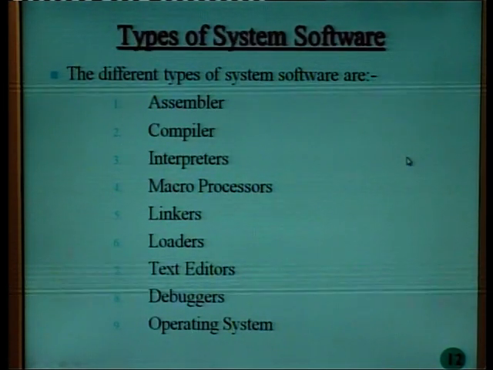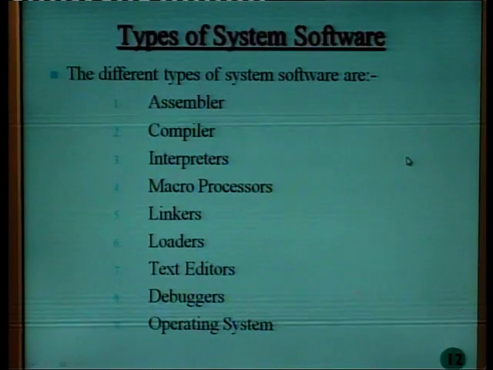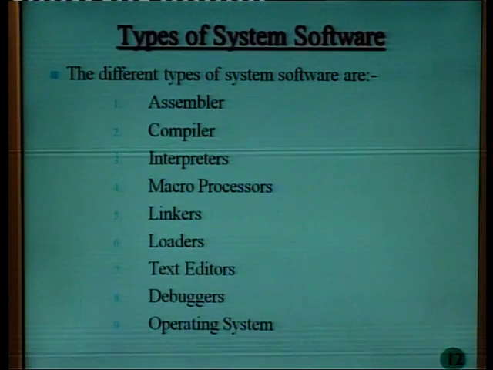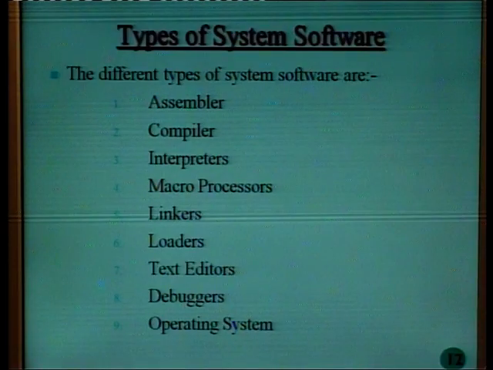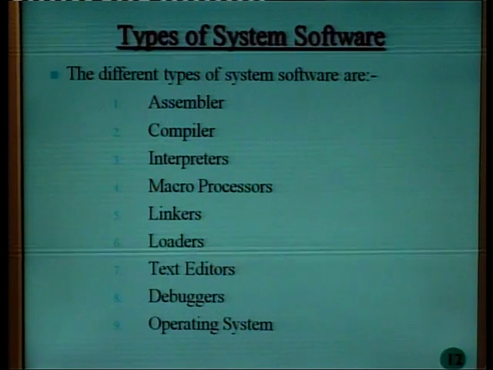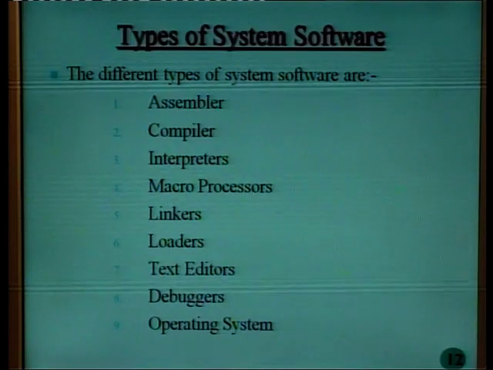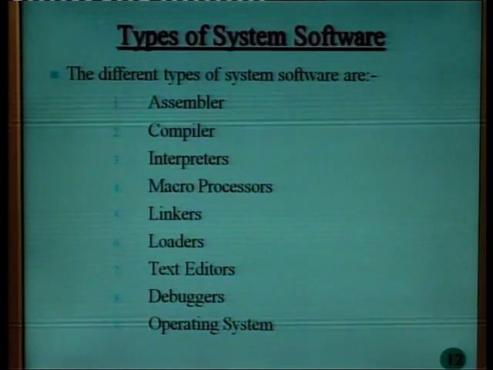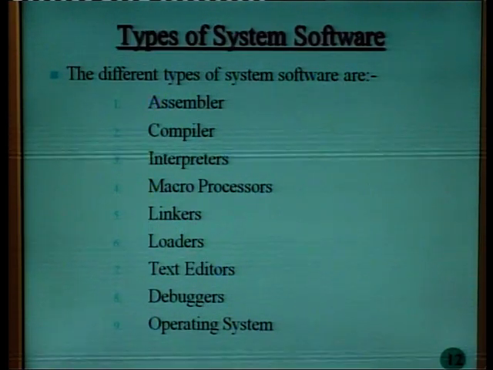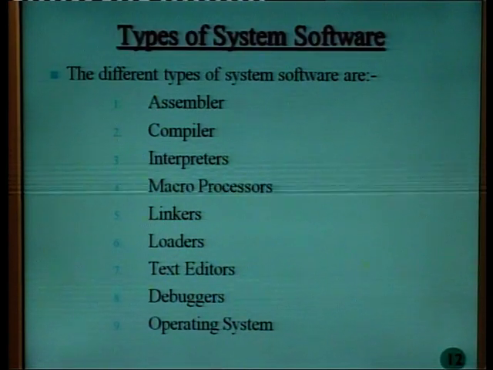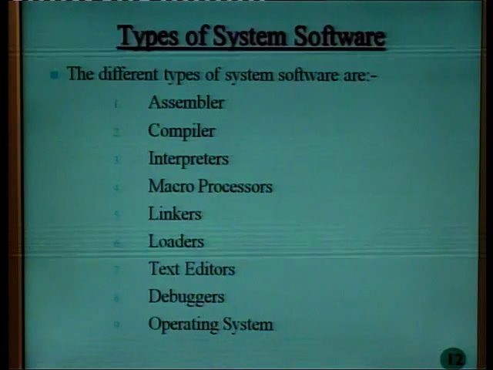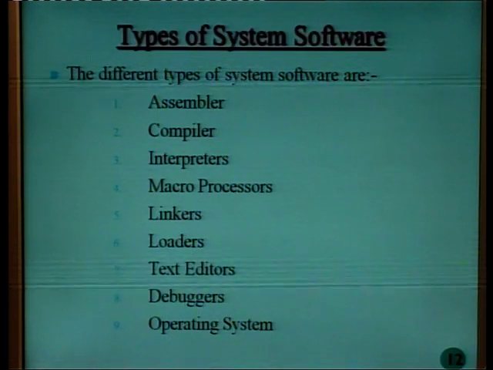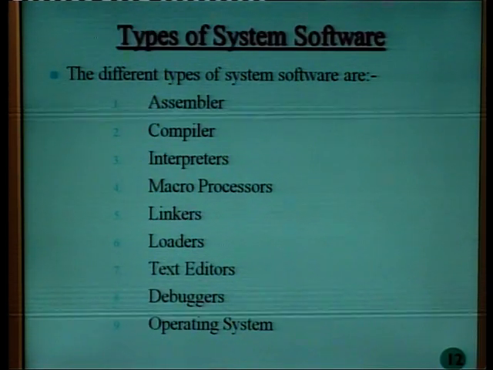Next we start with the categories of system software. The first category of system software is the assembler, which converts an assembly language program, written in the form of mnemonics, into machine language. Mnemonics are English like words, for example the mnemonic ADD will add two different operands.